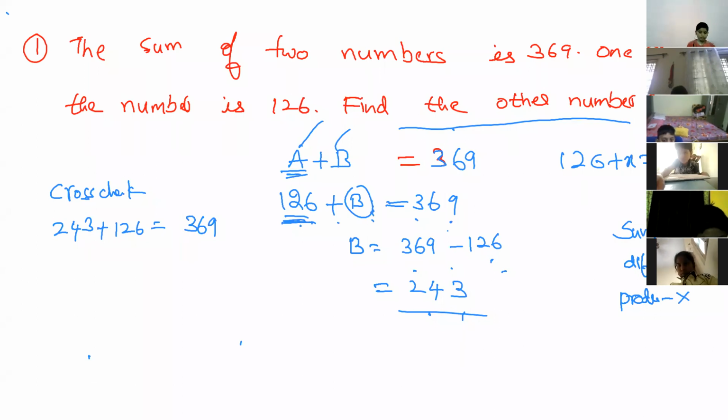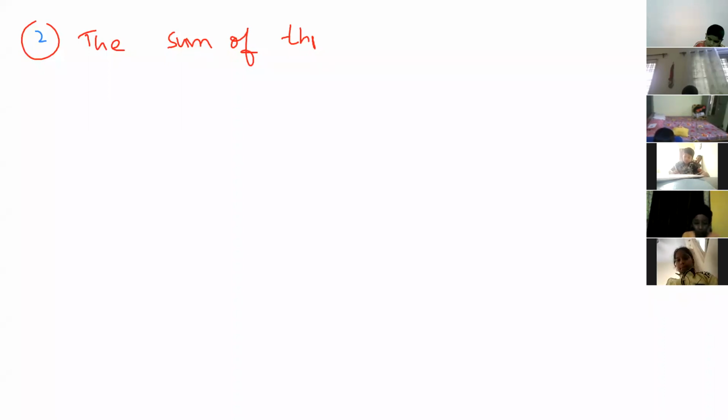Next question. Second question. The sum of three numbers is 897.